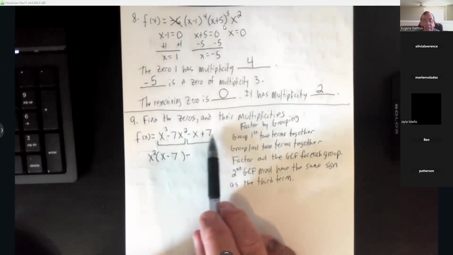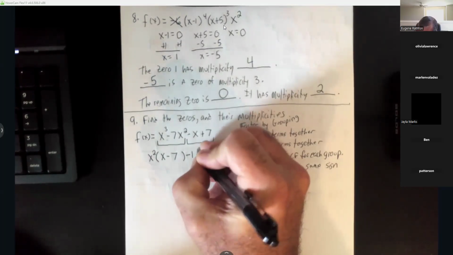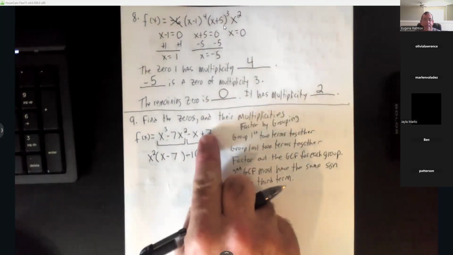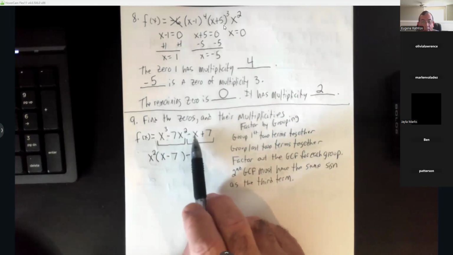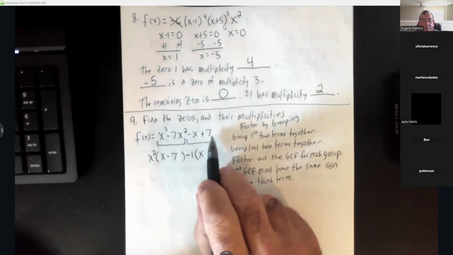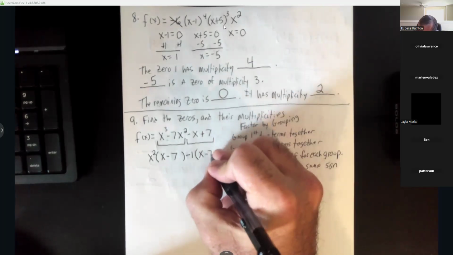All right, so on this one, x and 7, they only have one factor in common. Y'all remember what I said it would be? So good job, it'll be a 1. So remember, you at least got to factor out a 1 on the second GCF, okay? So what happens if I factor out a negative 1? Negative divided by negative makes that a positive x. 7, factor out a negative 1, leaves you a negative 7.